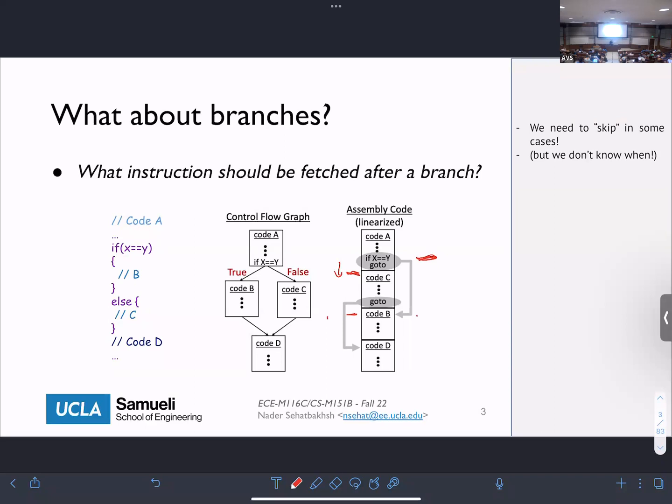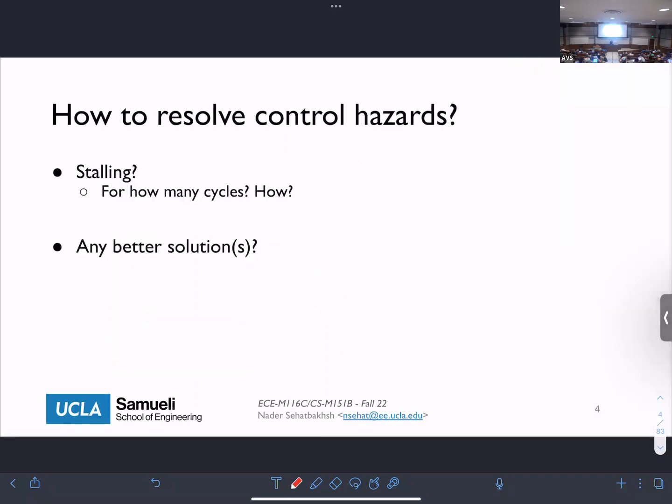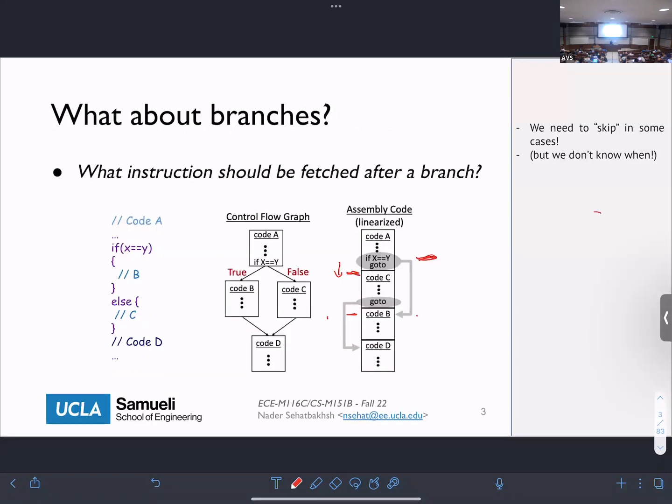So if you think about our pipeline, we had this pipeline of 5 different stages. We put our branch here, the branch goes into the next stage of the pipeline, and of course something has to go inside, but we don't really know what that instruction is because we don't know whether the branch is taken or not. And we call this control flow hazard or control hazard.